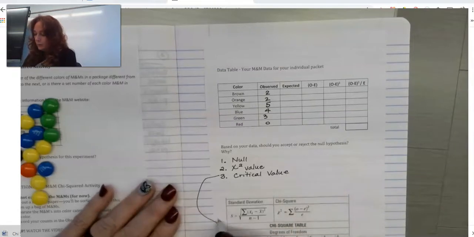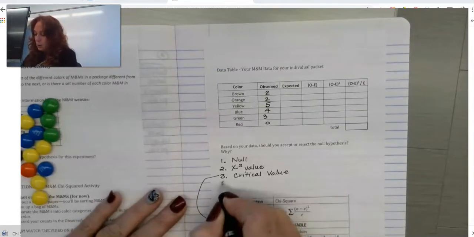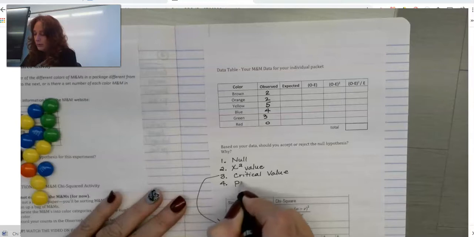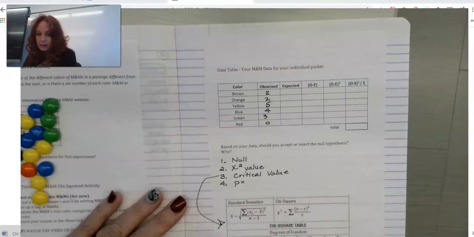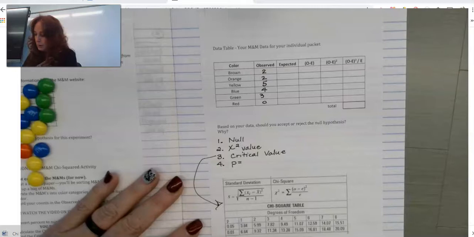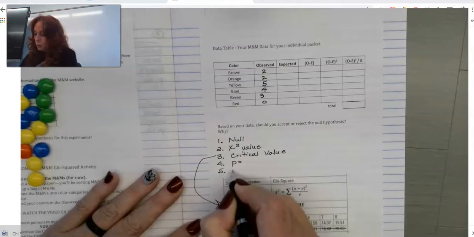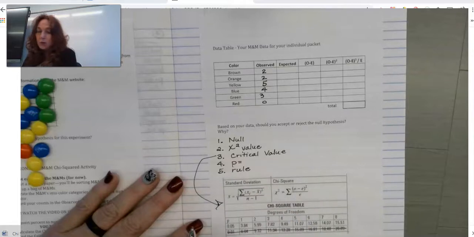And you get that from right here. You're going to give me your p-value. You know what that is. There's only one we use. So I usually just mark out this one that I don't use, get it out of the way. You're going to write your mathematical rule. And remember, in that case, you go first.